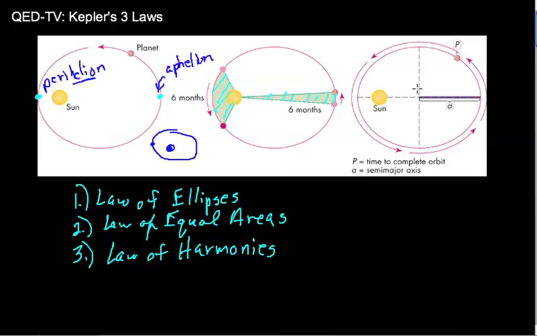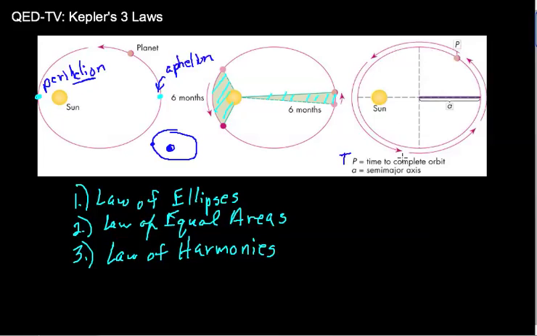It says that if you measure the period of a planet, the period is how much time it takes to go around one orbit. The period of the planet, up here it says P, but usually we use a capital T, just like the pendulum equation, a capital T for period.